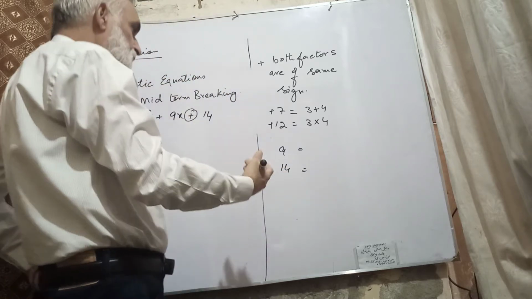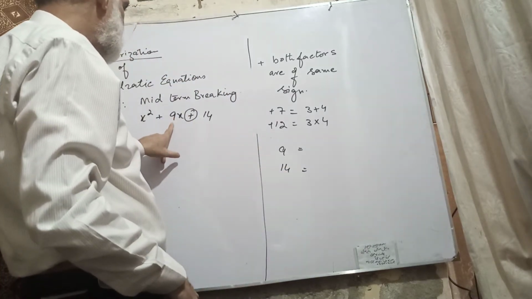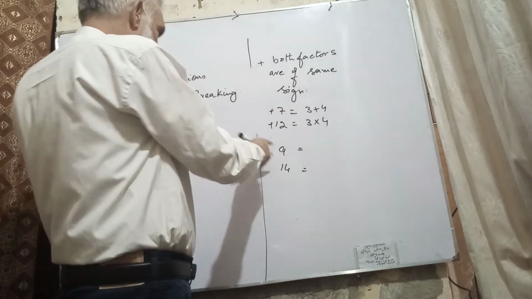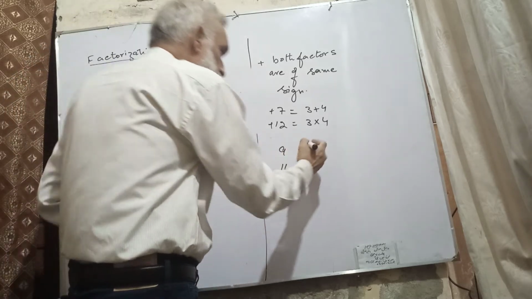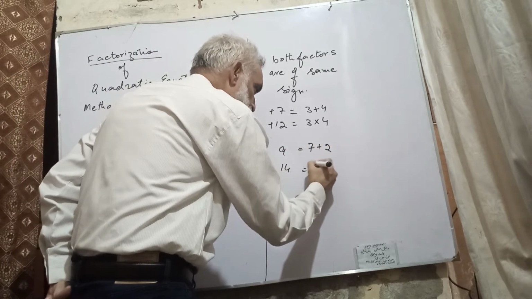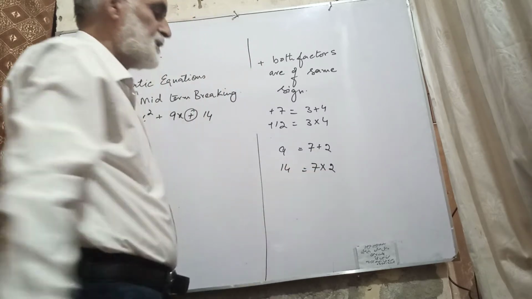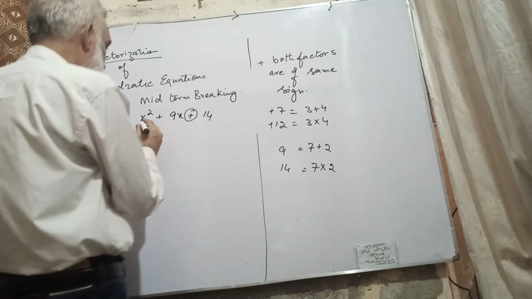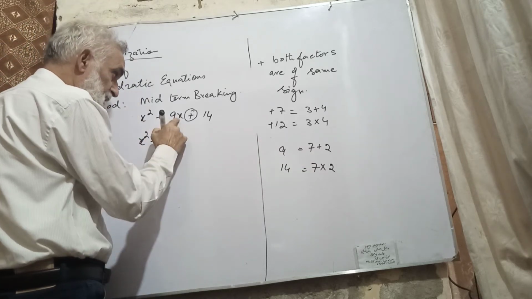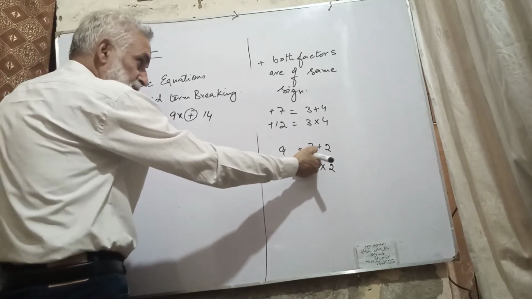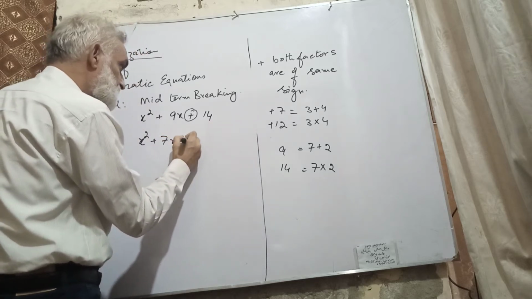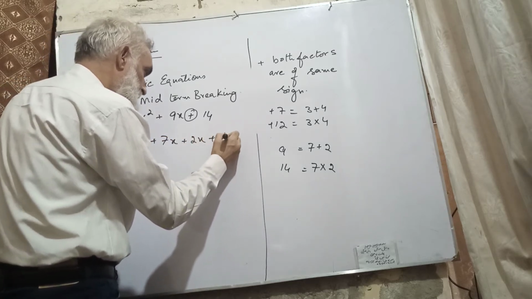We just think, and we find two numbers that when we add we get 9, and when we multiply we get 14: 7 and 2. See, 7 plus 2 is 9 and 7 multiplied by 2 is 14. So now we can break the middle term 9x into 7x and 2x. So x squared plus 7x plus 2x plus 14.